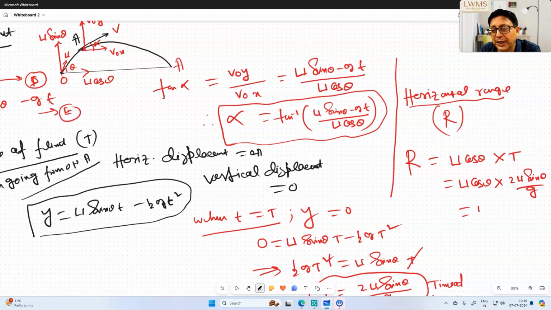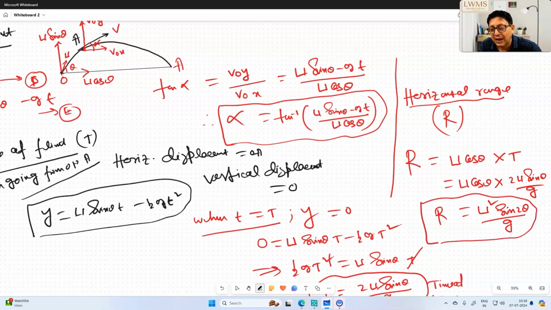We have done this relation in trigonometry: 2 sin theta cos theta is sin 2 theta. This divided by g. R equal to u square sin 2 theta by g. This is the horizontal range of the projectile.